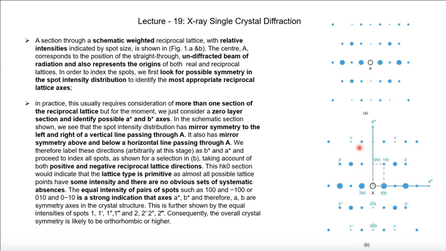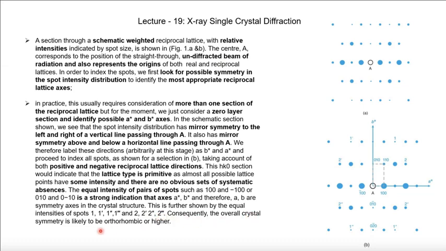What are the equal intensity spots? If we take this one and this one, and then you see that this is 2, and this is 2, 1, 3 prime, 1 prime, 1, 2 prime, 1, 3 prime, and similarly 2 prime, 2 prime, 2, 3 prime.